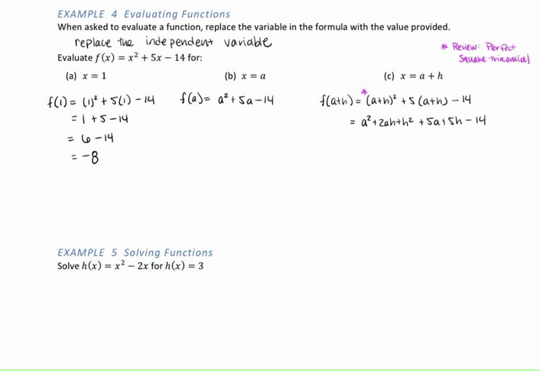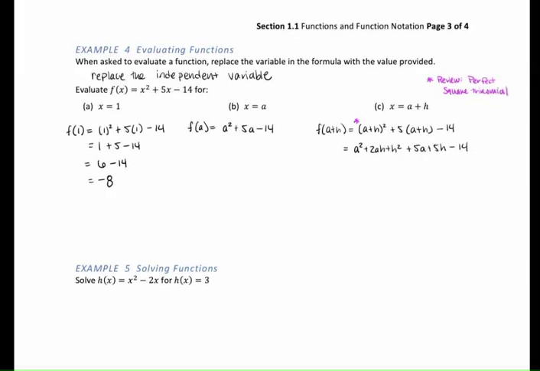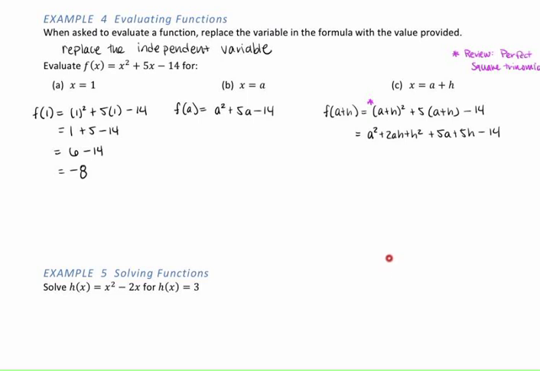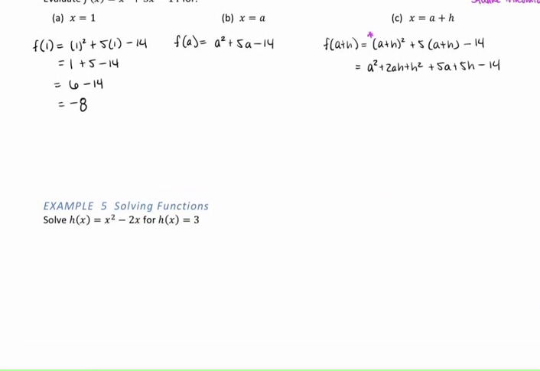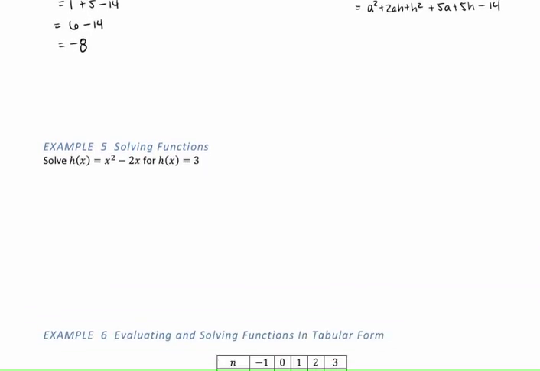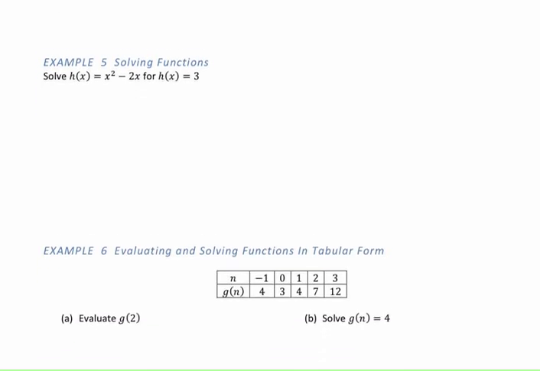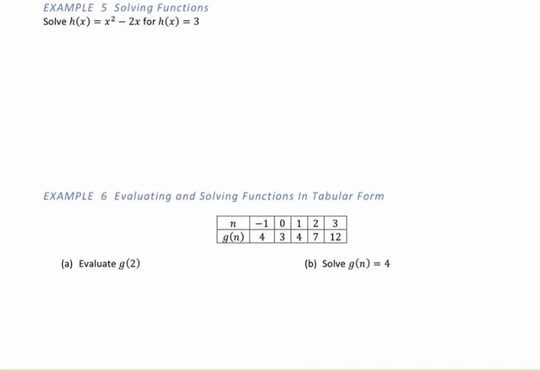Now let's look at example 5, solving functions. Let me scroll up so we can see the rest of the notes. Perfect. So solving functions. Solve the function h of x equals x squared minus 2x for h of x equals 3.